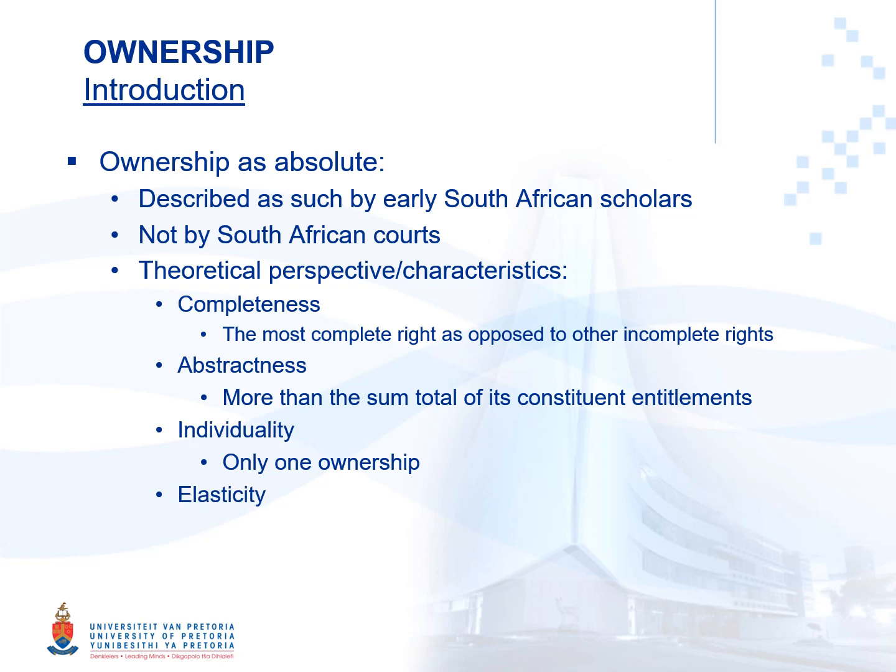The fourth characteristic of ownership is that of elasticity. Elasticity concerns the idea that ownership has a residual character. And so if an entitlement is removed from it, either voluntarily or involuntarily, such entitlement will return to the owner once it terminates in the hands of the assignee.